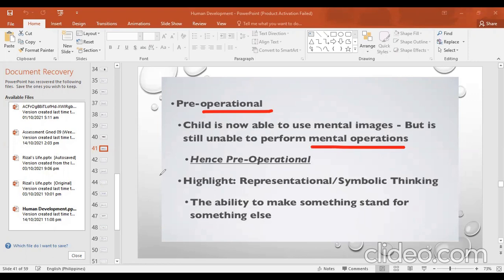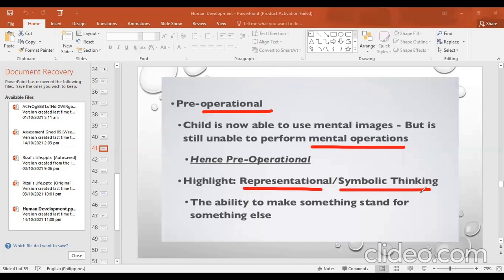Or paano ko ba talaga ito ipapasok sa utak ko? Or anong klase ba ito? Or anong quantity ba ito? Anong quality ba ito? So nahihirapan pa siya na i-distinguish yung bagay-bagay. Okay? So andito yung tinatawag nating representational or symbolic thinking.